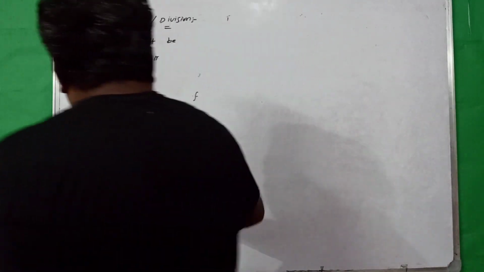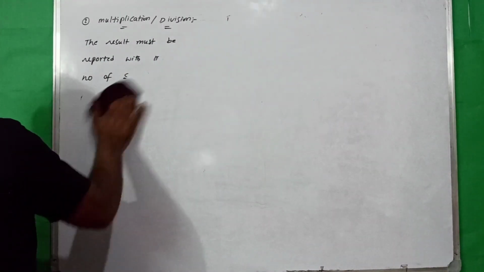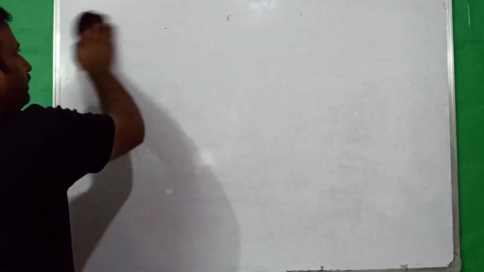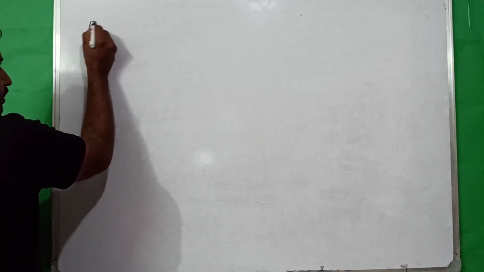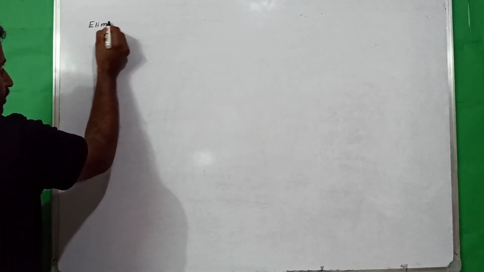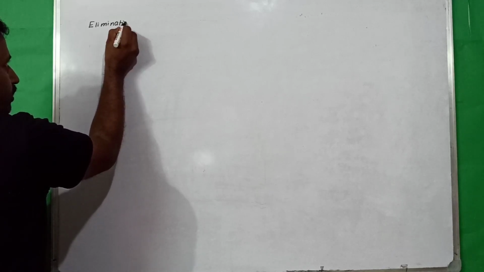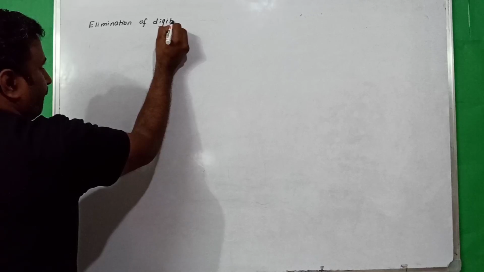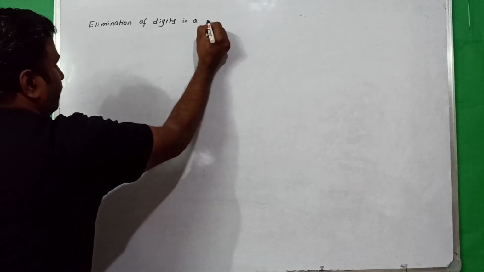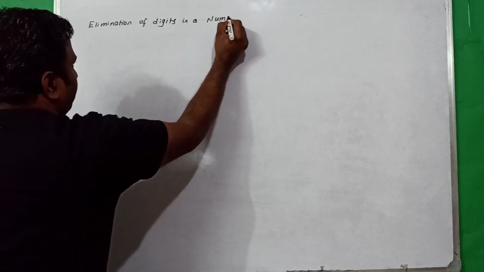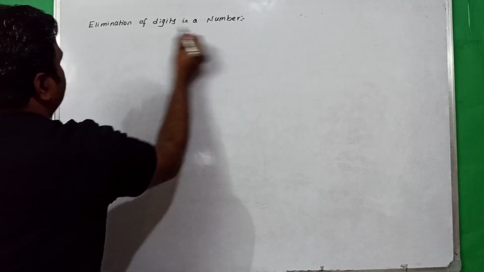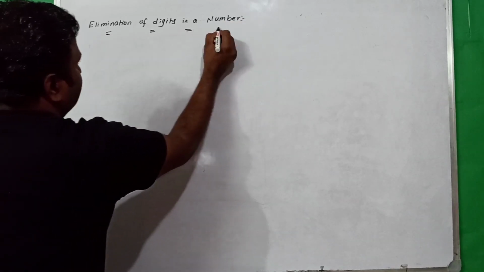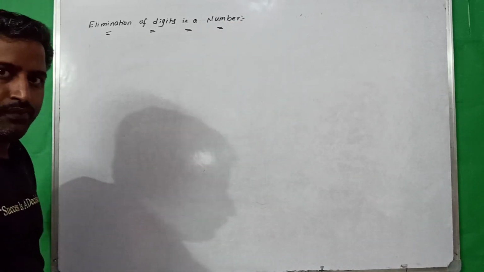For that we need to eliminate certain digits in a number. So, elimination of digits in a number. We cannot eliminate the digits however we want.